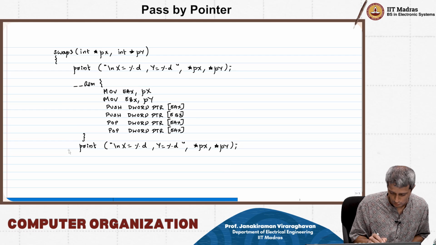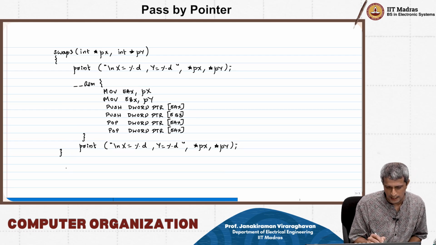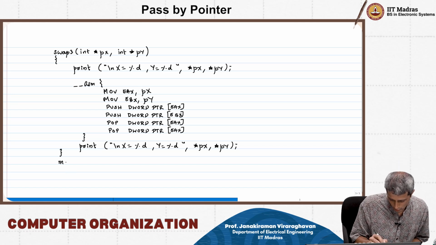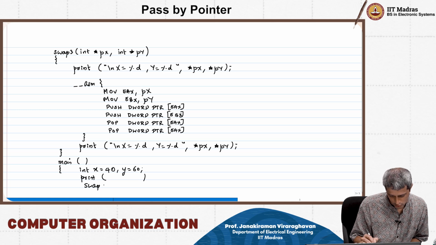And in my main, I do int x equal to 40, y equal to 60, and then I do my prints, and swap 3 of &x, &y, and then my print again.